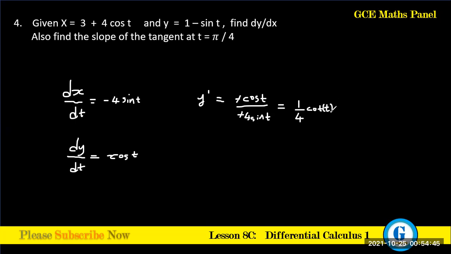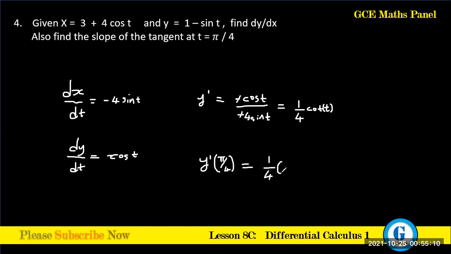Okay. And what will be the gradient of the tangent at pi on 4? So we're looking for y prime of pi on 4, where t is equal to pi on 4. This will be equal to 1 over 4 into, what is cot pi on 4?